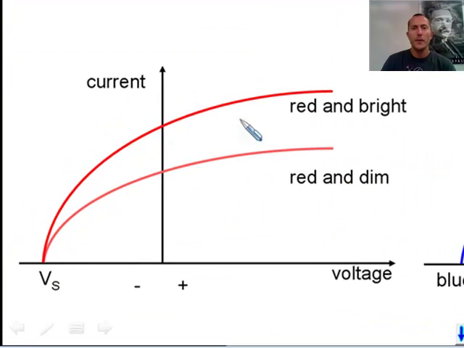The first variable, on the left, is the effect of intensity. We're keeping the frequency the same but changing the intensity of the light. Current is on the y-axis, and voltage, the voltage applied across the plate, is on the x.